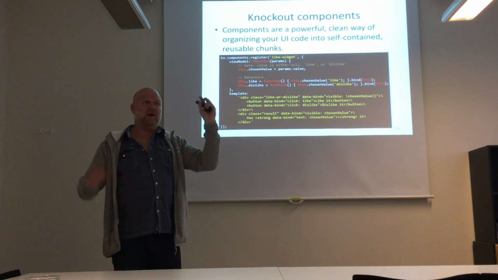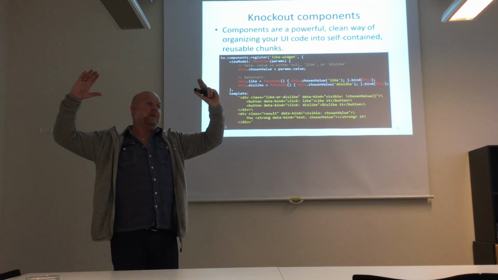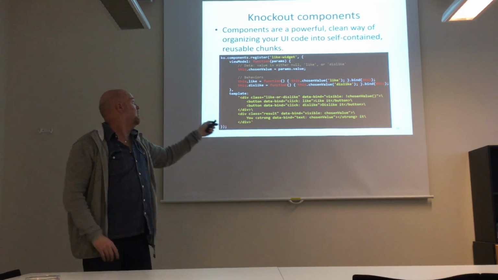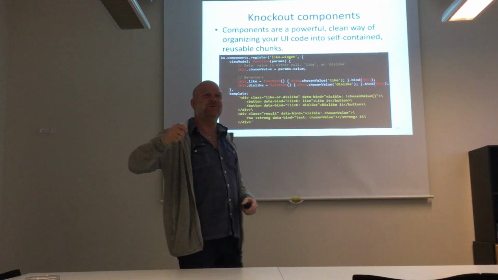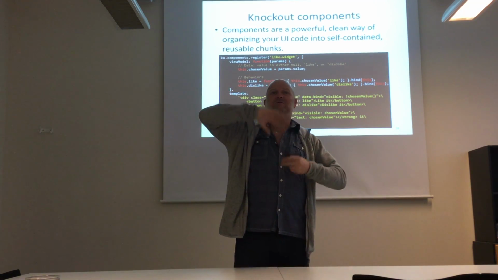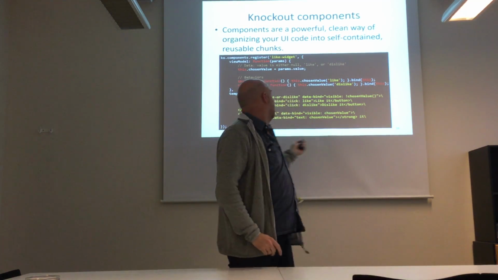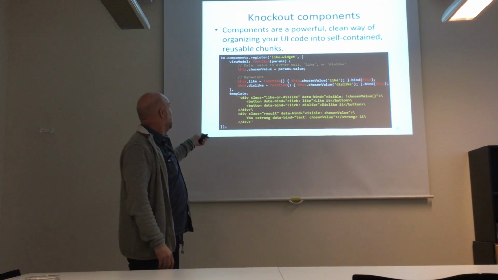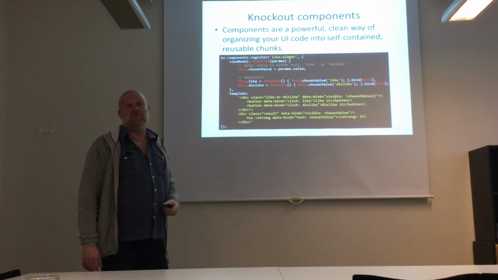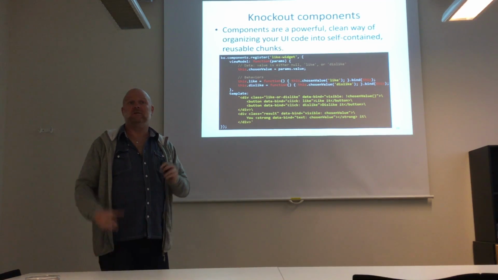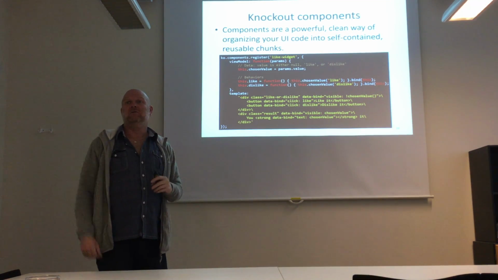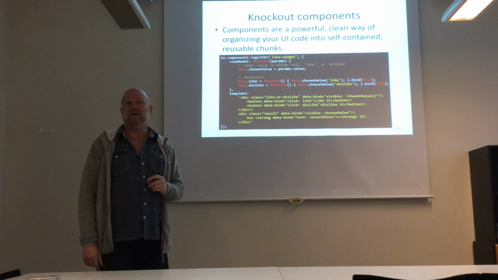You can just make a tag with the less than and greater than around this name, and then knockout will translate that into the HTML you have here, and the use of this view model. That will be the view model that is in use for that specific part of the HTML page.